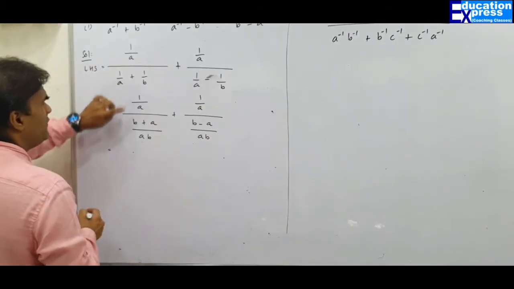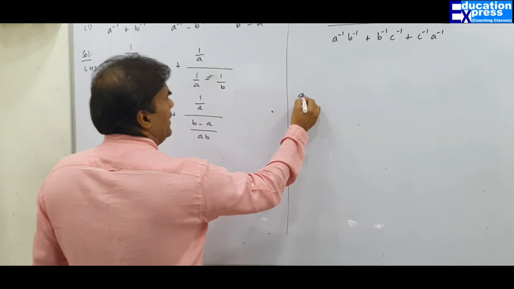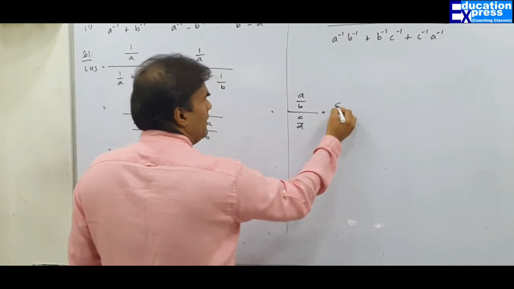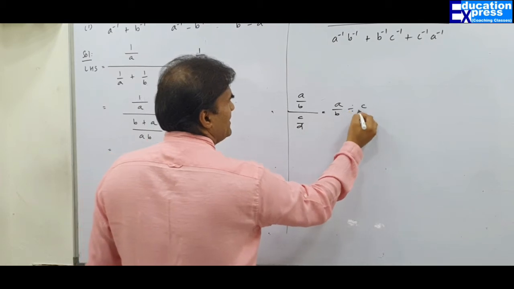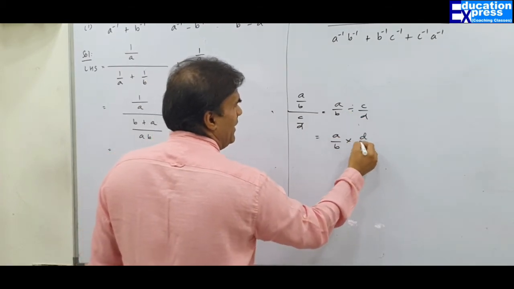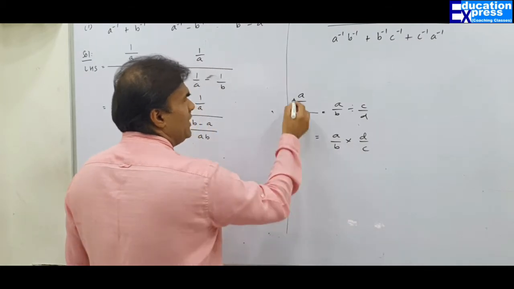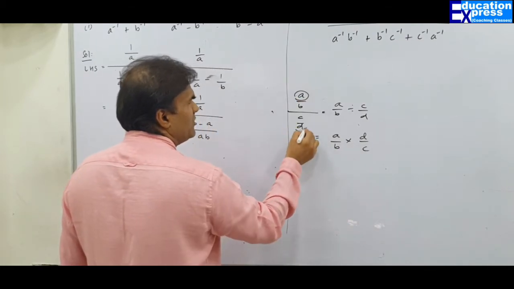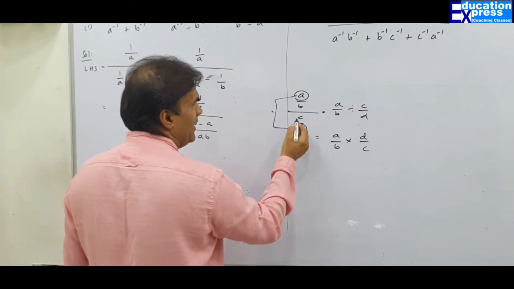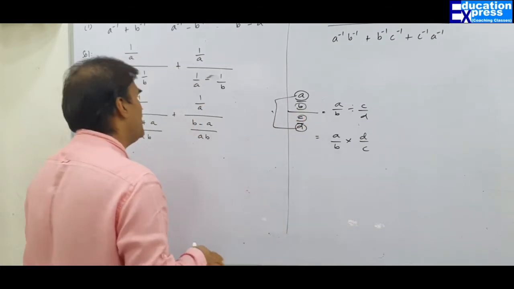So my dear friends, from here on, as we know that a upon b divided by c upon d means a upon b multiplied by d upon c. So eventually the topmost and the bottommost of the four terms will always collaborate together, and b and c will always stay together.